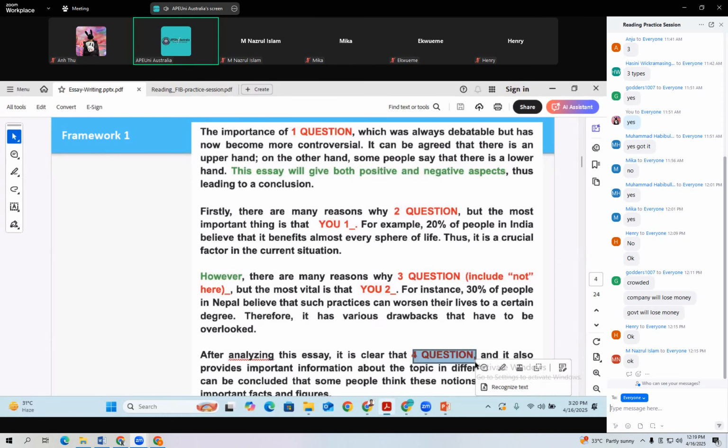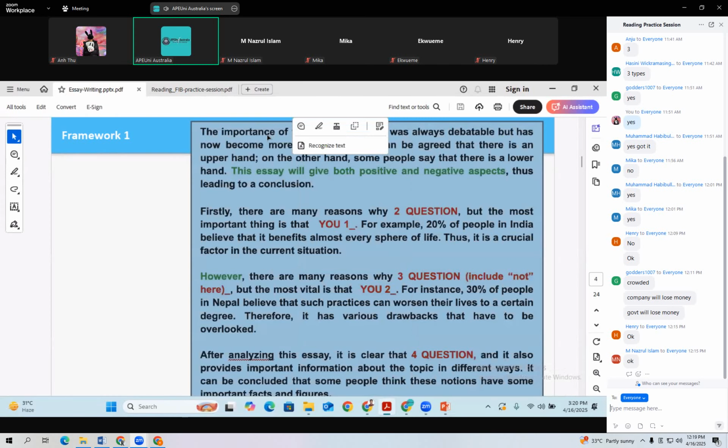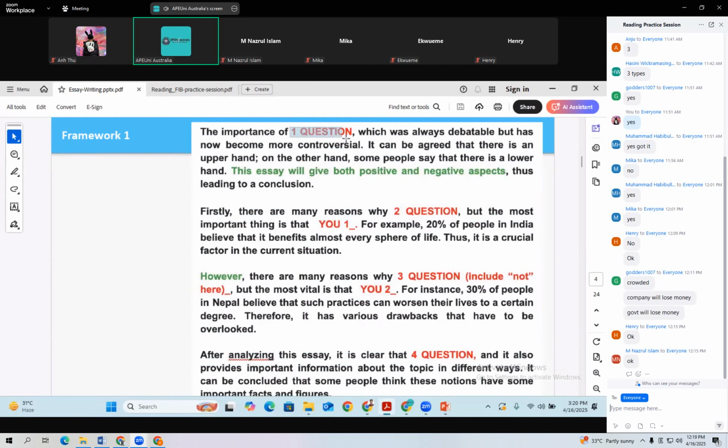No need to write anything from your own, no need to choose anything from any side. Whatever you have written in question 1, write the same thing in question 4, just using different words.